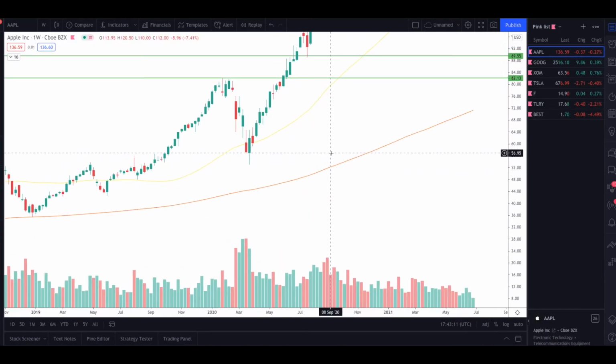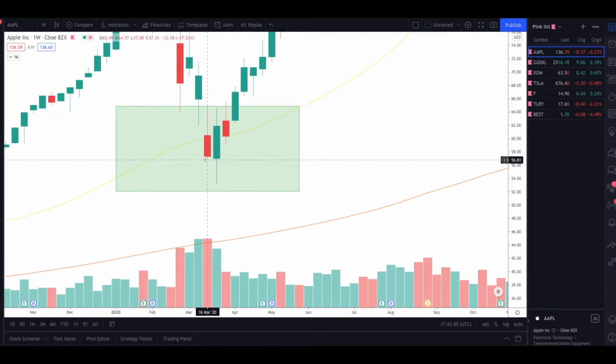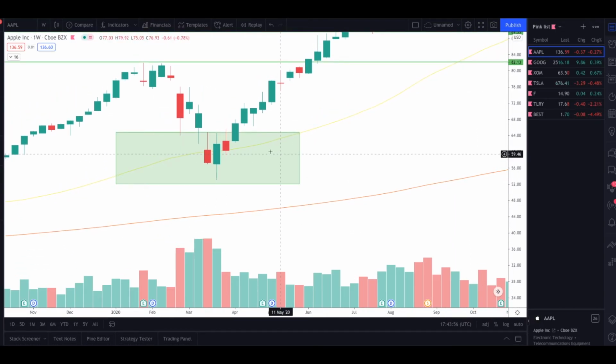Okay, let's look at Apple. Here you have an engulfing candle on the weekly Apple chart. We have a big red body, and the next candle is a big green candle that completely engulfs the last candle. That's a bottoming sign. That again happened at the bottom for Apple in the COVID-19 sell-off.